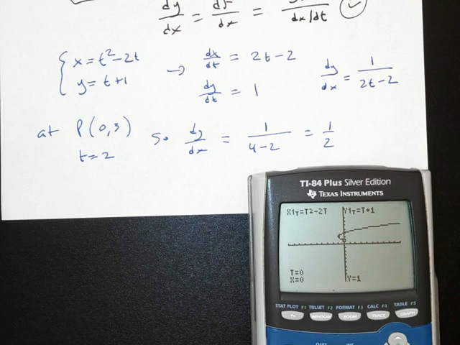When we think of dx dt, we're thinking how x changes as t increases. Remember, on this curve, we're coming up from the bottom and going back out on the top. So dx dt is a negative number. We are going to the left. dy dt is a positive number.